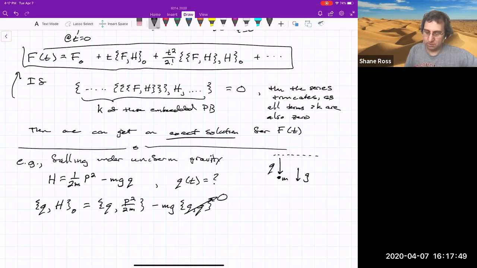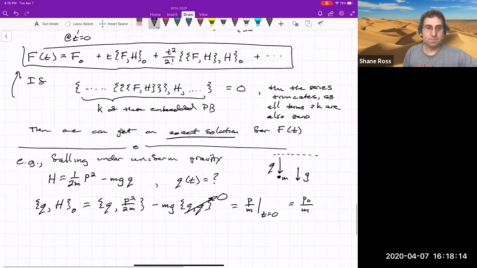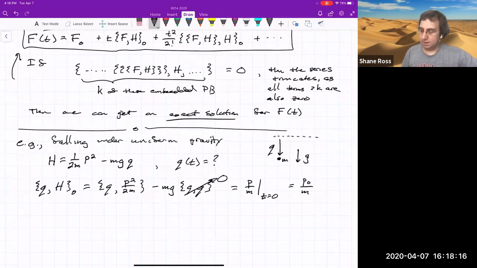So that's 0. And so you could have just skipped that step. And I think you could figure out, or we probably already did up above, q with p squared over 2m. What is that? It's just p over m, and we're evaluating this at time t equals 0. So the initial time, which means this is the initial momentum over m.